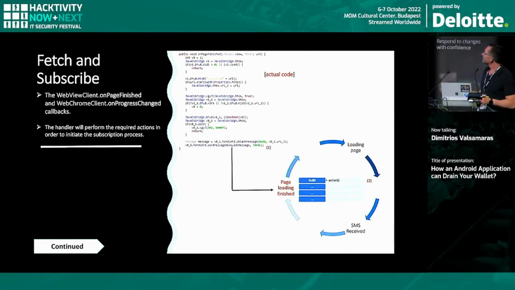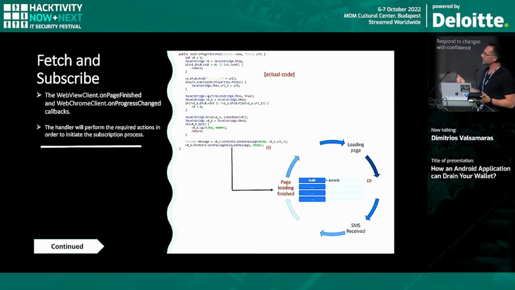One critical phase of this process is when the landing page has been loaded. What has to happen right now is that the user has to click on the subscription button. And this is done by using JavaScript.